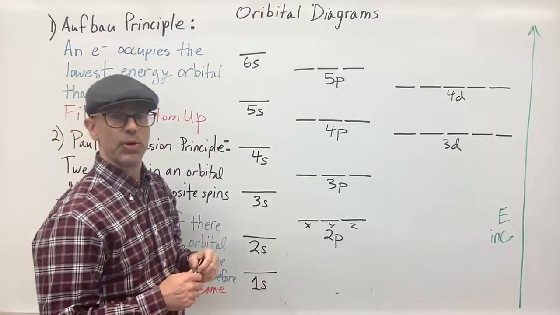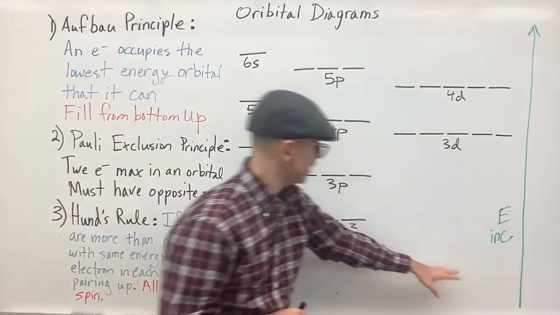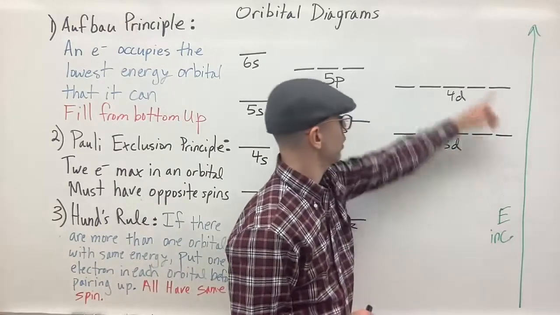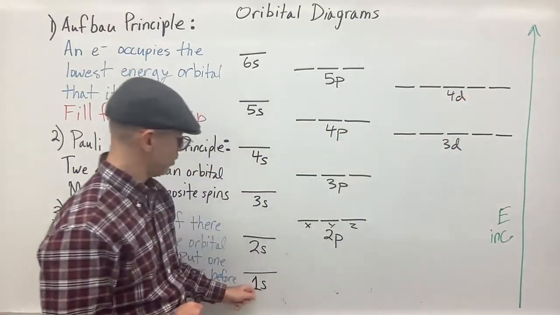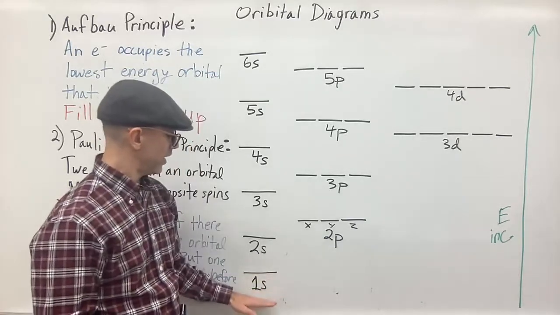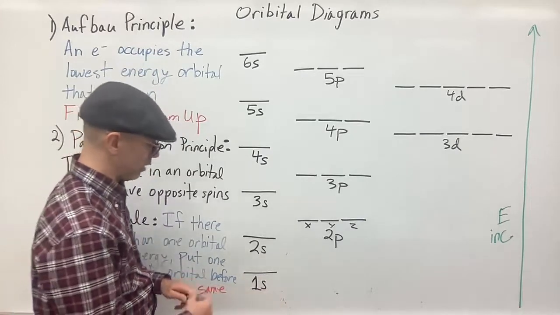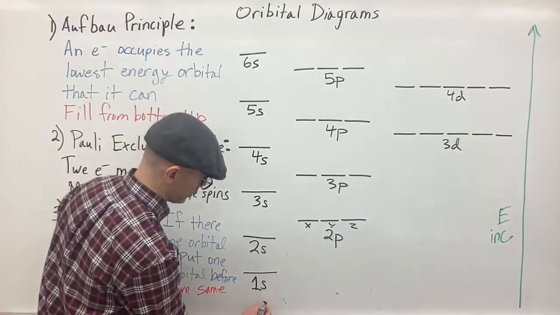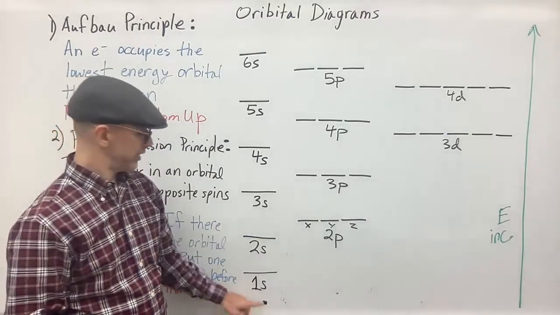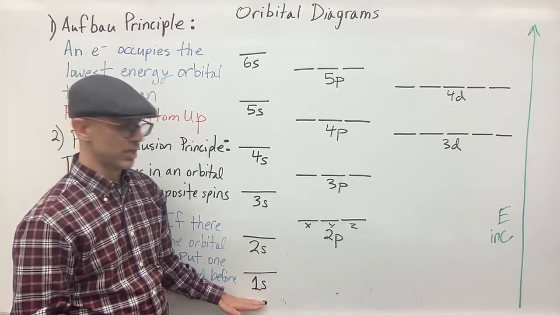The other thing I want to point out, again, as I said before, is that the energy of the sublevels increases going up. So the higher the number, the higher the energy. And so remember that the electrons closer to the nucleus, if the nucleus is down here, if I was to draw a nucleus, this is the nucleus of the atom, the electrons that are closest to the nucleus are going to have the lowest energy.